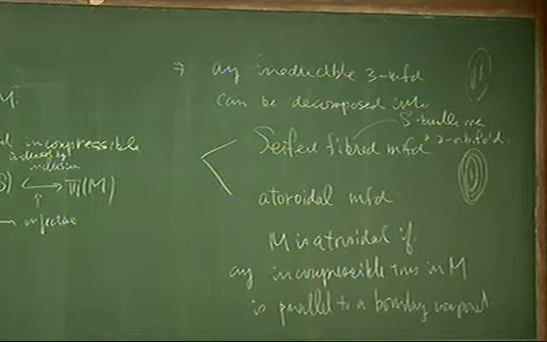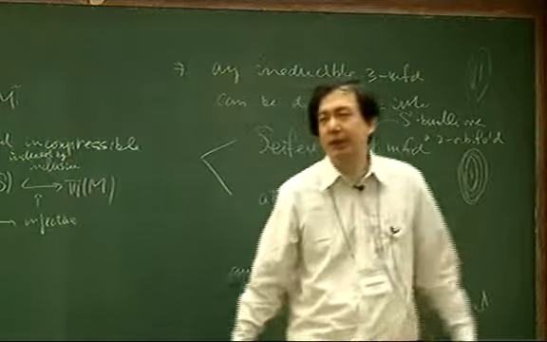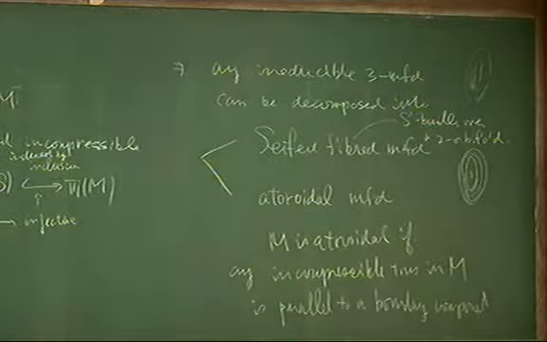But anyway, the geometrization conjecture said any non-Seifert toroidal compact three-manifold admits a hyperbolic structure. Okay. And now this is known to be true, thanks to Perelman.